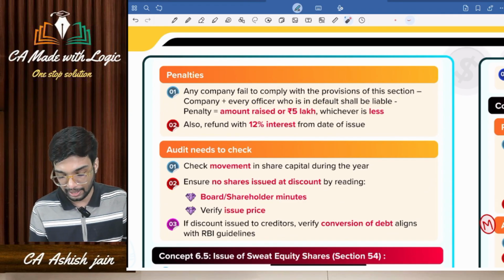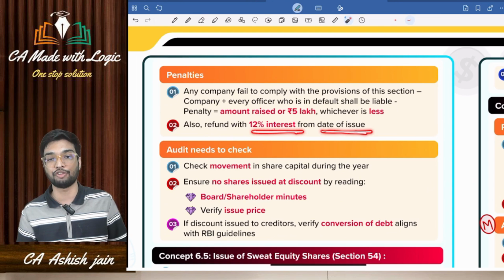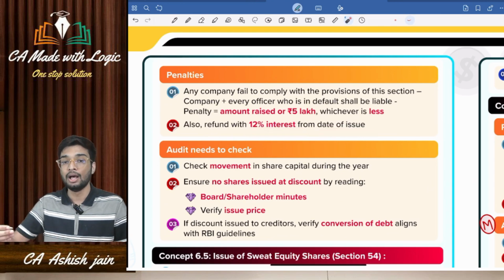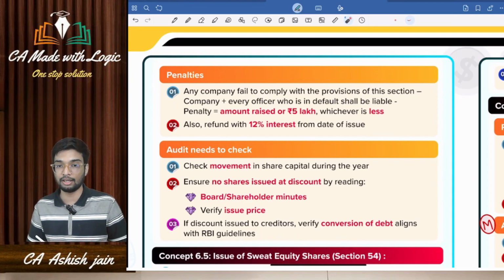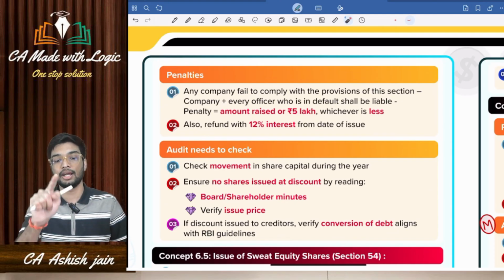Along with that, they have to refund with 12% interest from the date of issue. So they will refund the people from whom they collected the money by issuing shares at a discount, along with 12% interest from the date of issue.